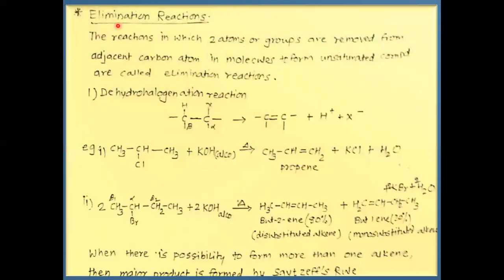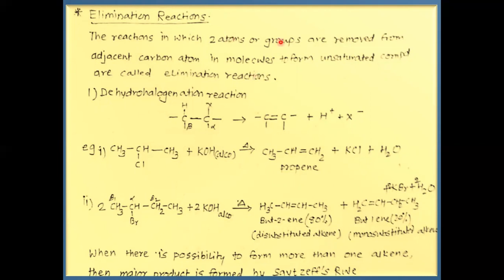Now next, elimination reactions. After nucleophilic substitution reactions, we study elimination reactions. The reactions in which two atoms or groups are removed from adjacent carbon atoms in a molecule to form an unsaturated compound are called elimination reactions.